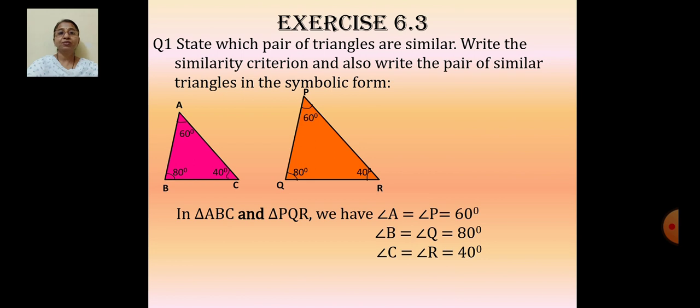Angle B is equal to angle Q, both 80 degrees, and angle C is equal to angle R, 40 degrees. So therefore triangle ABC is similar to triangle PQR by angle criteria. If two angles are equal, then the third is automatically equal.